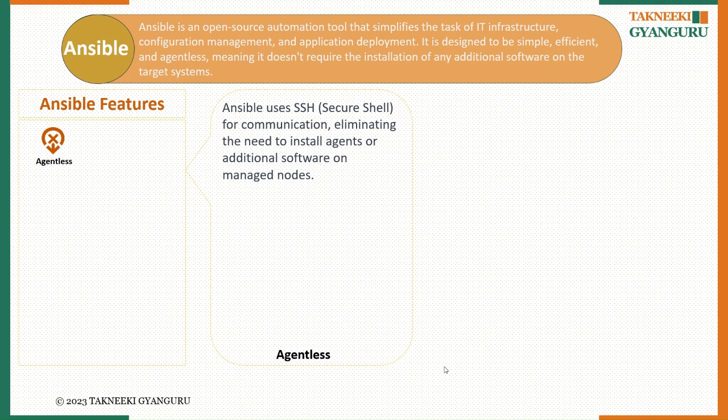Ansible directly connects to the machine through a push based architecture, where Ansible just pushes the configuration to the servers. So it will not install any package or agent on the nodes where we want to install the software or configure something.